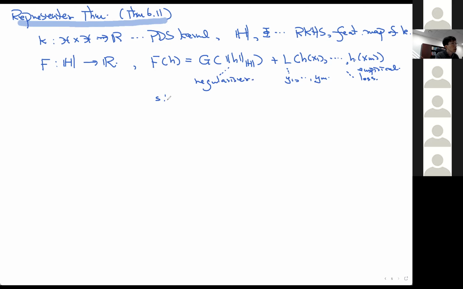Formally, the condition is that G is non-decreasing. What this means is that if the input, the norm of h, is larger, then G maps it to a larger value typically. It may just return the same value, but it never returns something smaller. So the regularizer, in a sense, encourages a small h.